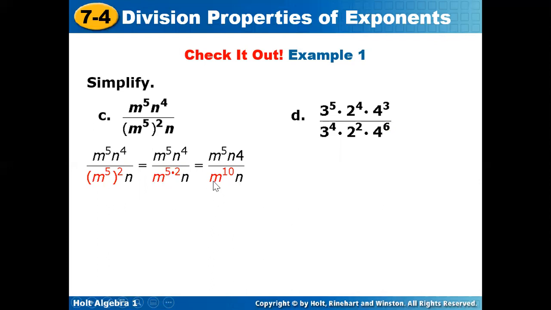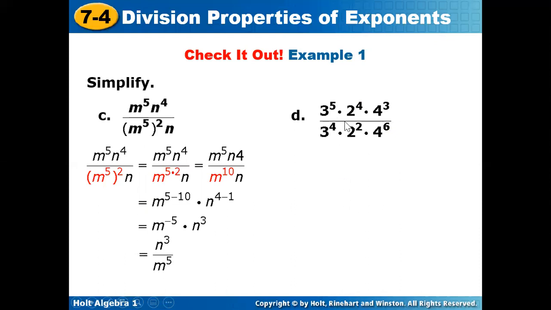Now you do your division or subtracting your exponents. 5 minus 10, because it has to be the same base. 4 minus 1, because anything that is by itself that doesn't have an exponent is to the 1st power. m to the negative 5 times n to the 3rd. And we want this positive, so we're going to drop it down.